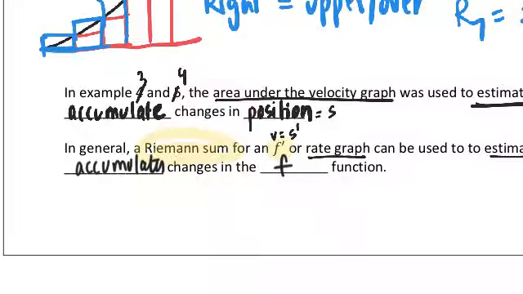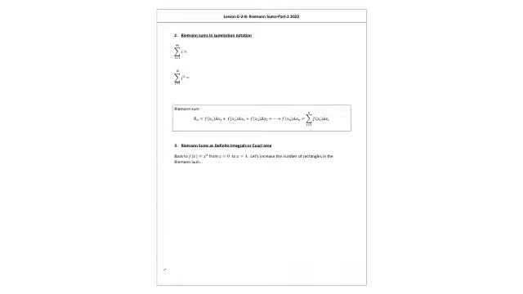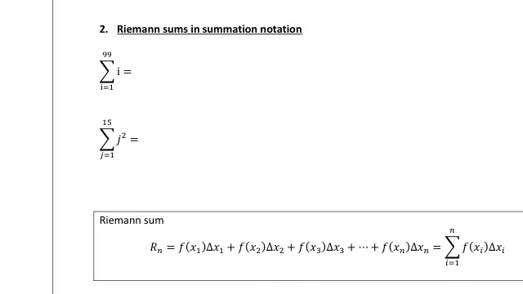So area under the f prime graph has this meaning of change in terms of f, and a Riemann sum allows us to add up changes in f and find a total change in f. Okay, so this is the idea here, and let's move on now to Riemann sums in summation notation.